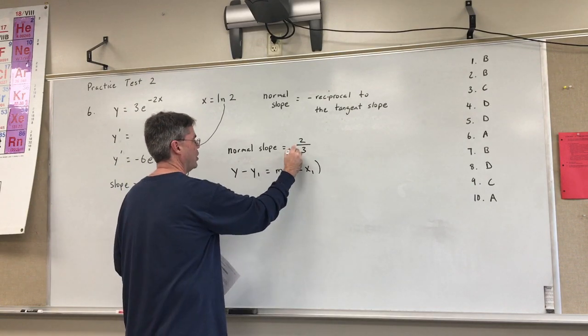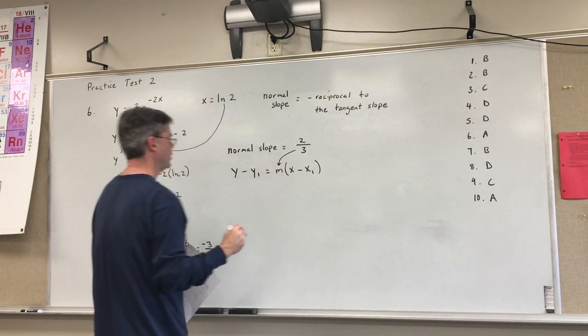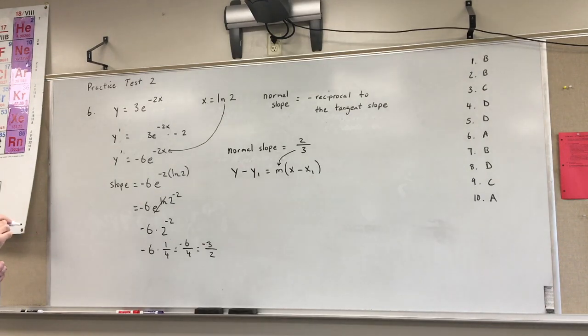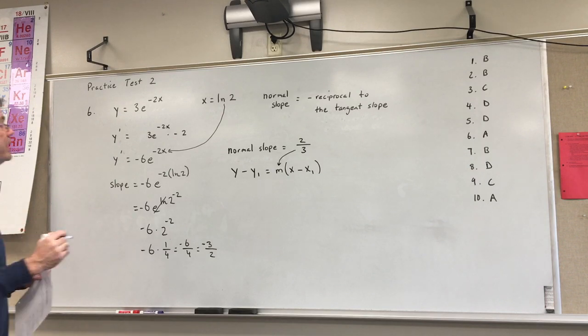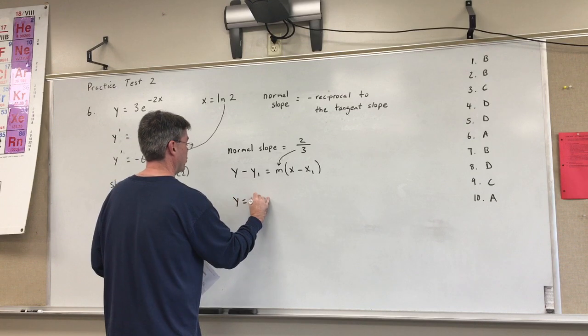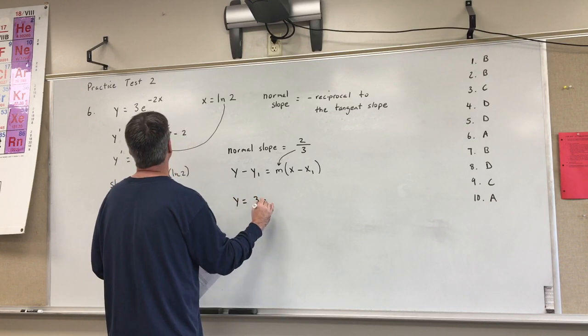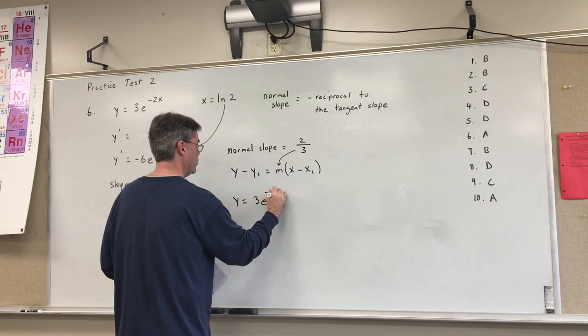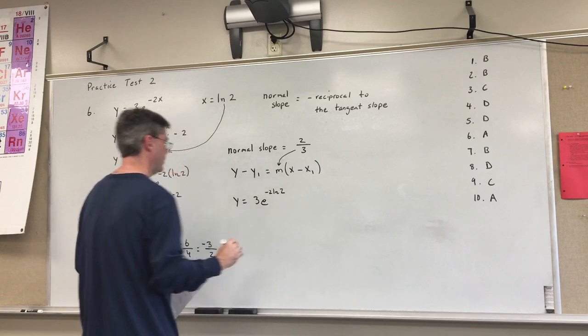And we know that the slope is 2/3. So what is y when x is natural log 2? Okay, so we can just plug that in. Y is equal to 3 times e to the minus 2 times natural log 2.